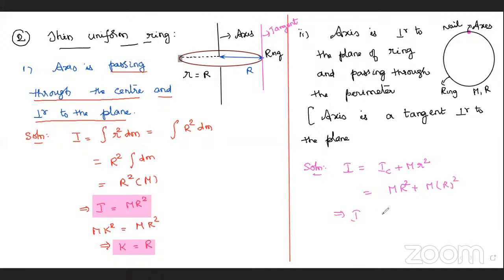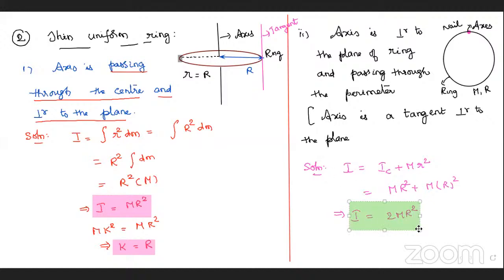So I is equal to 2 M R square. So all of you followed? Any doubt here? No doubt. Very good.